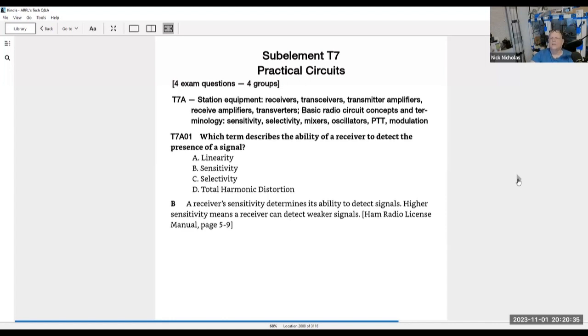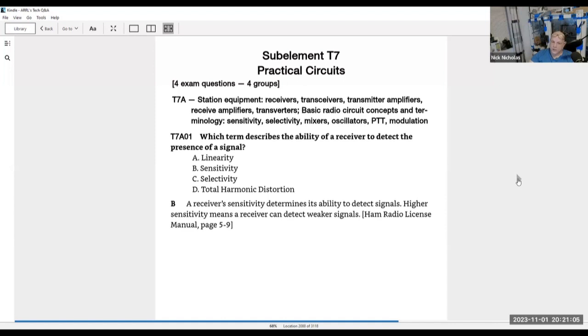The thing that determines the receiver's ability to detect the signal is sensitivity. Sensitivity is how weak of a signal it can detect. Selectivity is how well it can discriminate or segregate one signal from another. Can you grasp the difference there?